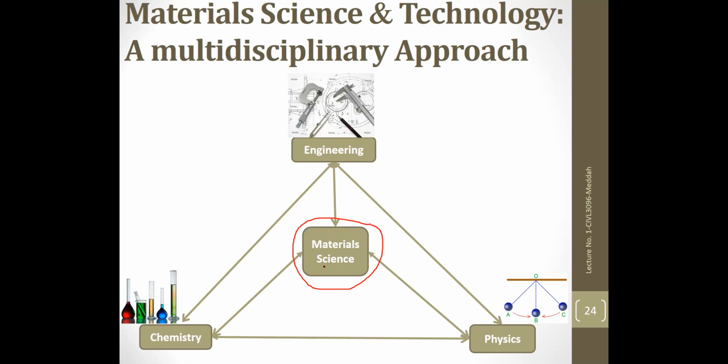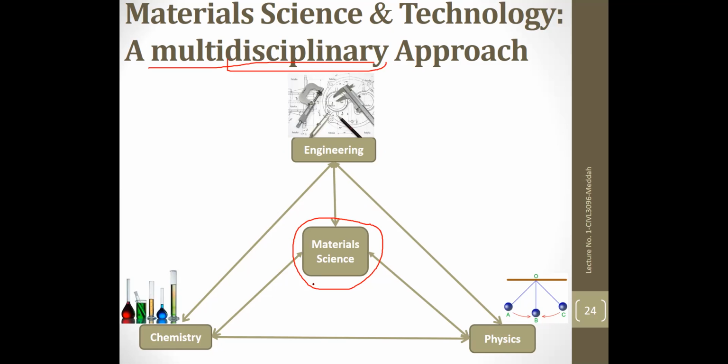So to study materials science, you need to refer to physics, you need to refer to chemistry, you need also to refer to engineering. And also for engineering, you need material science, you need to study physics, you need also to have a good background in chemistry. So you can see this is why we call it a multidisciplinary approach, because it involves different disciplines related to physics, chemistry, and engineering.